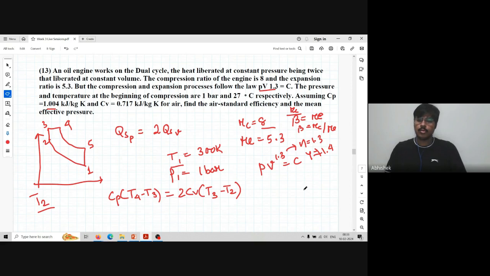So once that is known, you have all the ratios now. You can calculate P3 by P2, and V4 by V3. Using this, you can calculate all the temperatures and pressures. Okay.